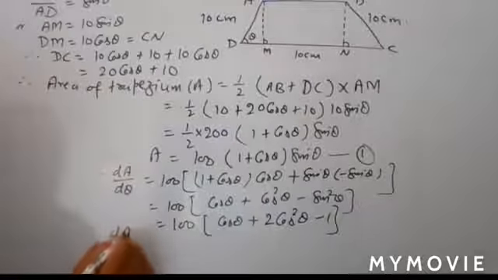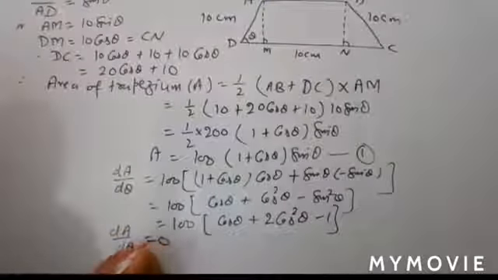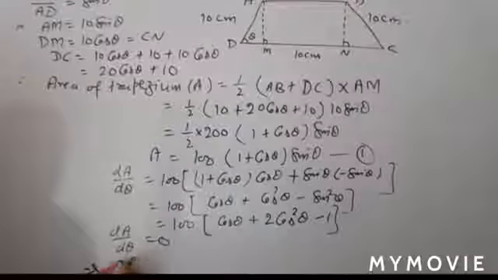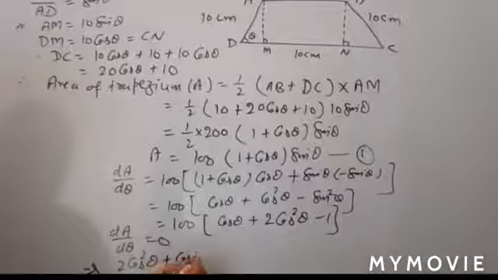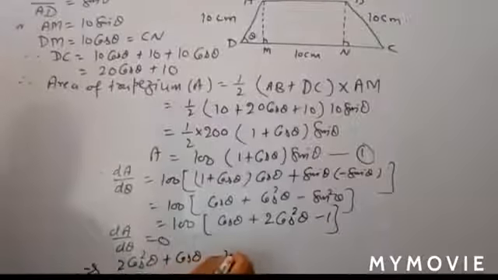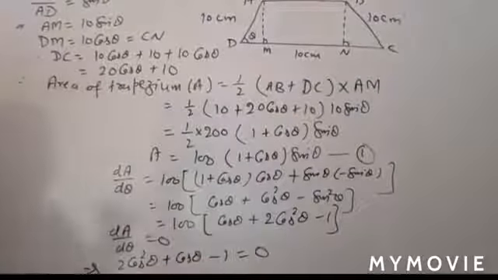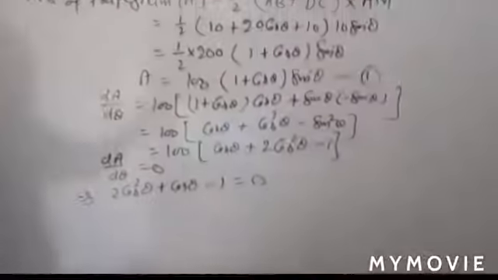Now taking dA by d theta is equal to 0. So this implies 2 cos square theta plus cos theta minus 1 is equal to 0. Now factorize it.